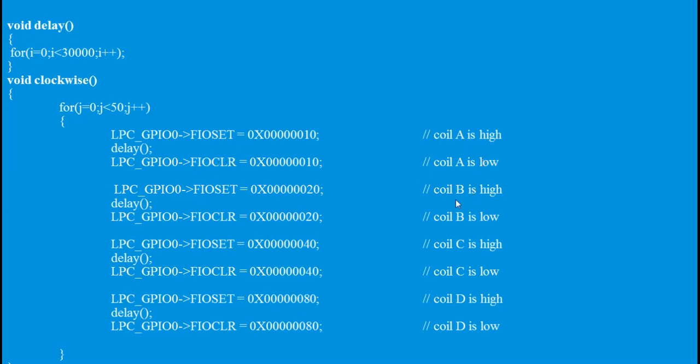After A we have to energize B, then after B we have to de-energize B, then you have to energize C. Between energizing the coil and de-energizing the coil, we have to call the delay routine. This is the sequence that has to be maintained in order to rotate the motor in clockwise direction. These values are the corresponding positions of the pins, which was discussed in the earlier slide.